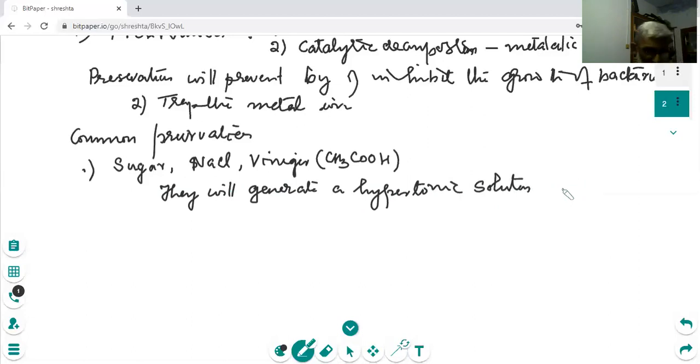A solution having higher concentration, so that the microbes, those contaminating organisms, will be dehydrated by this. Hypertonic means more than the concentration of the ions present in bacteria.